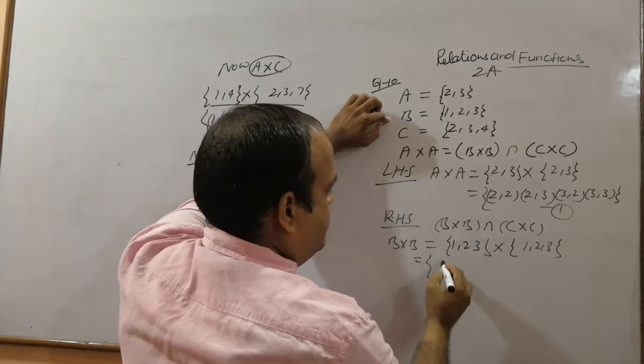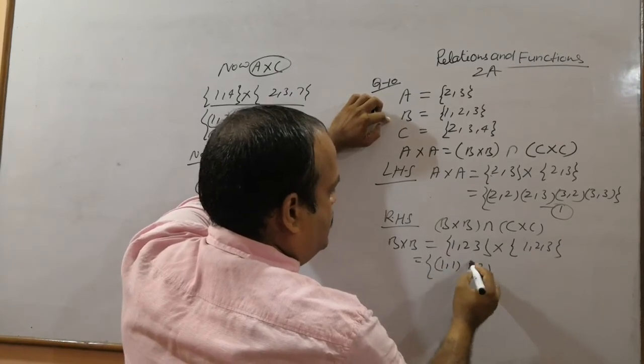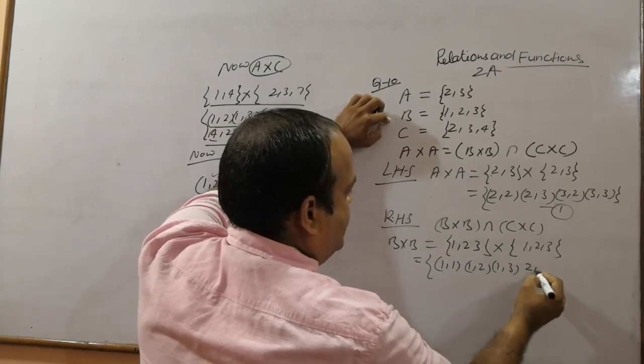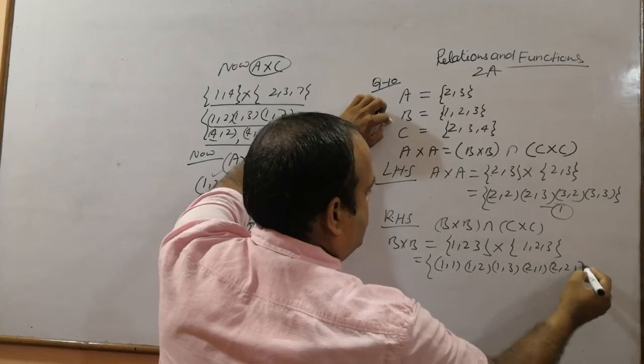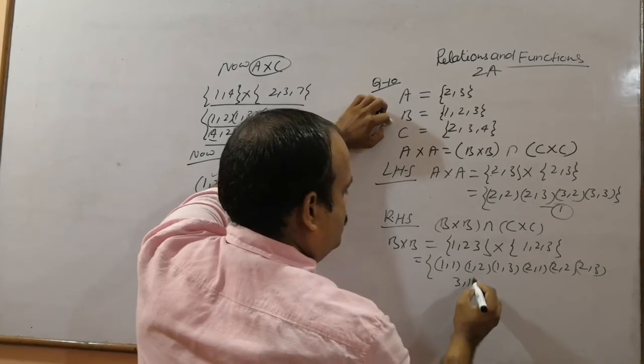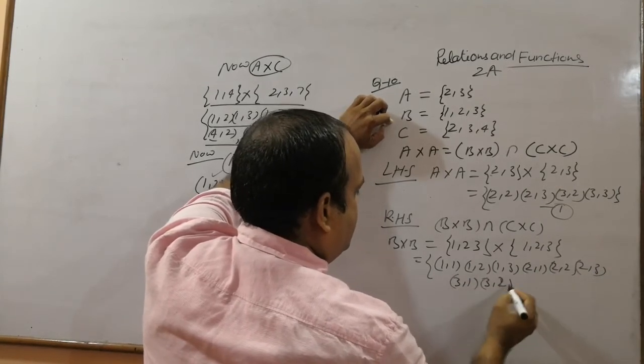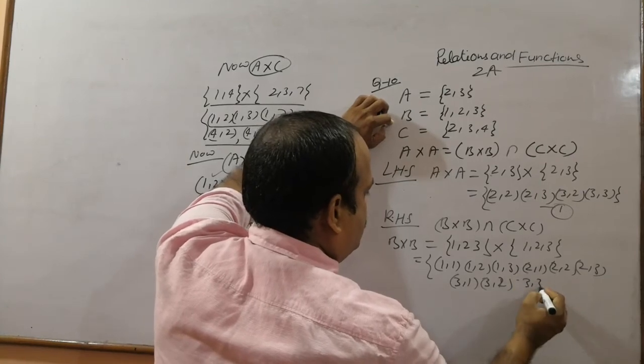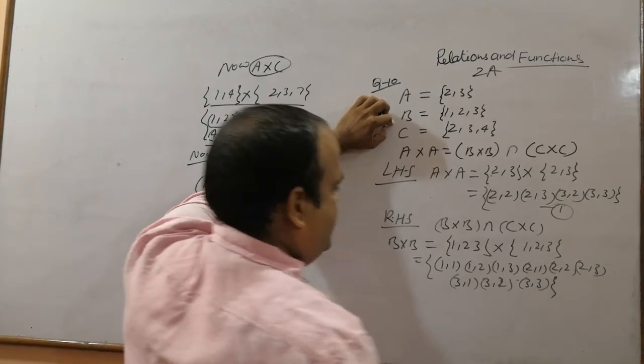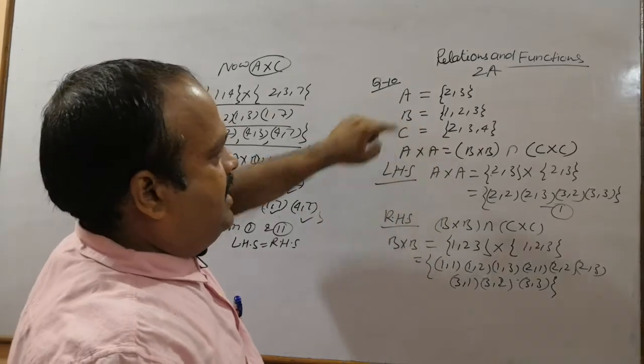These are (1, 1), (1, 2), (1, 3), (2, 1), (2, 2), (2, 3), (3, 1), (3, 2), (3, 3), 9 elements. Okay.